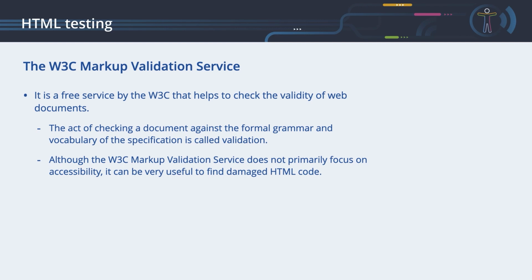Although the validation service does not primarily focus on accessibility, it can be very useful to find damaged HTML code. Damaged HTML code can confuse assistive technologies like screen readers, causing them to read items in the wrong order or not at all.